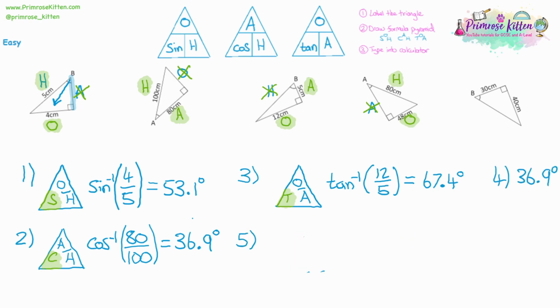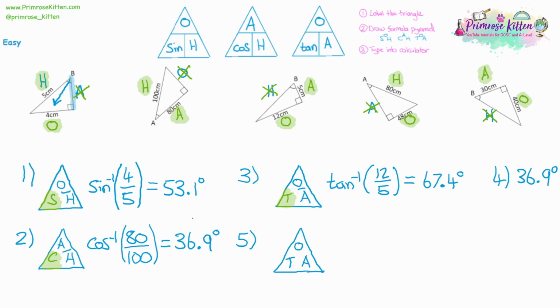I've run out of space, so let's clear some room for question 5. So we're going to label the triangle, adjacent, opposite, hypotenuse. We're going to decide which ones are important. A is 30, O is 40, and H has no label. We're going to draw the formula pyramid. Now we have A and O labelled, and they appear in the tan pyramid, so TOA.